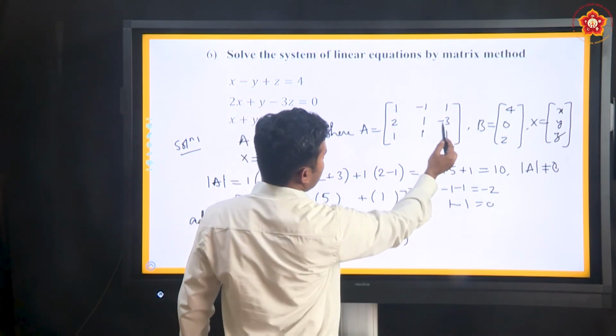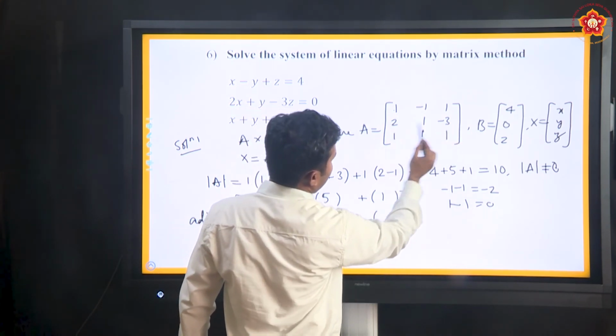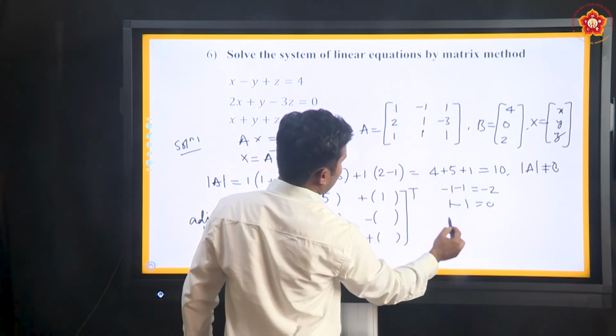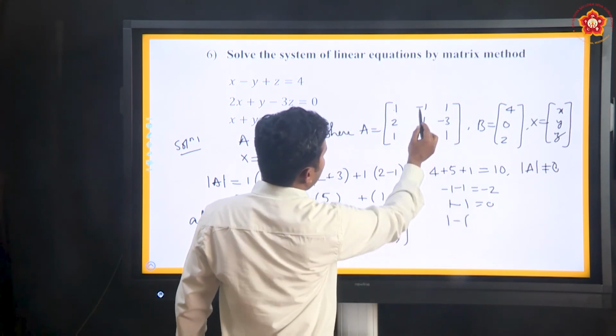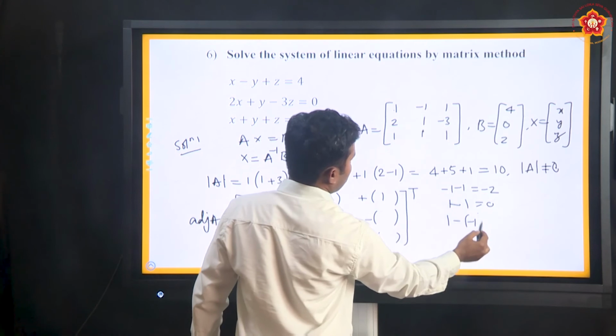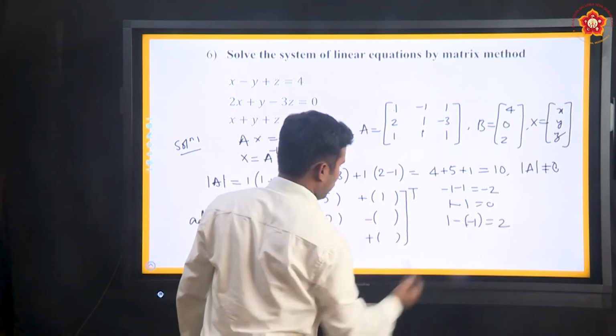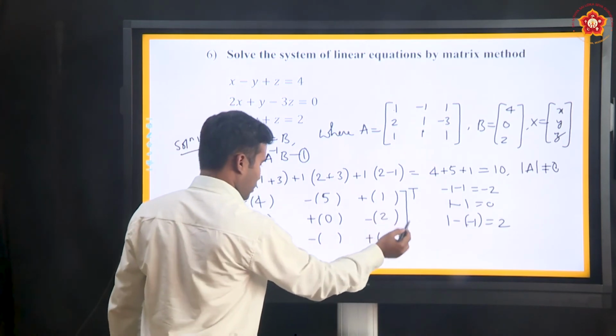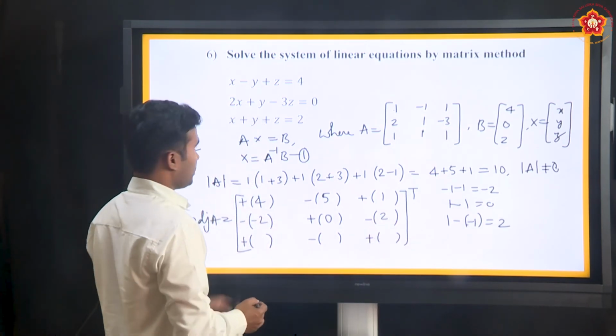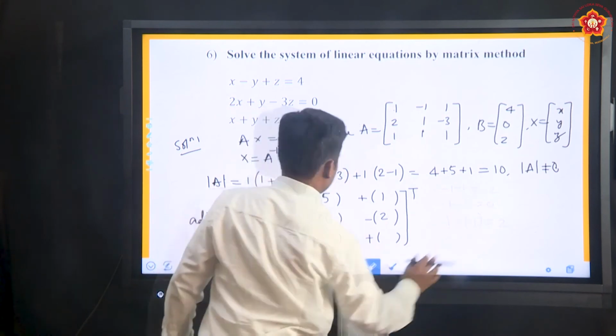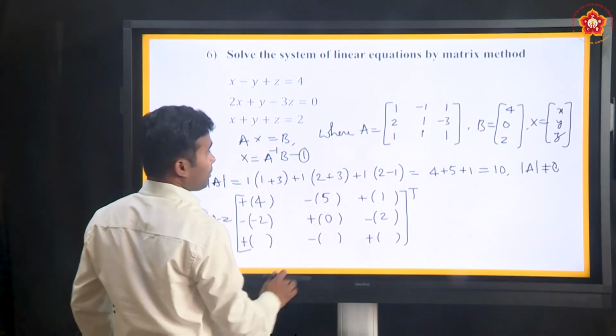Next, delete the second row, third column: 1 into 1 minus of minus 1 into 1 is minus 1, and the answer is 1 plus 1, which is 2. This entry is 2. Next is this entry we have to find.